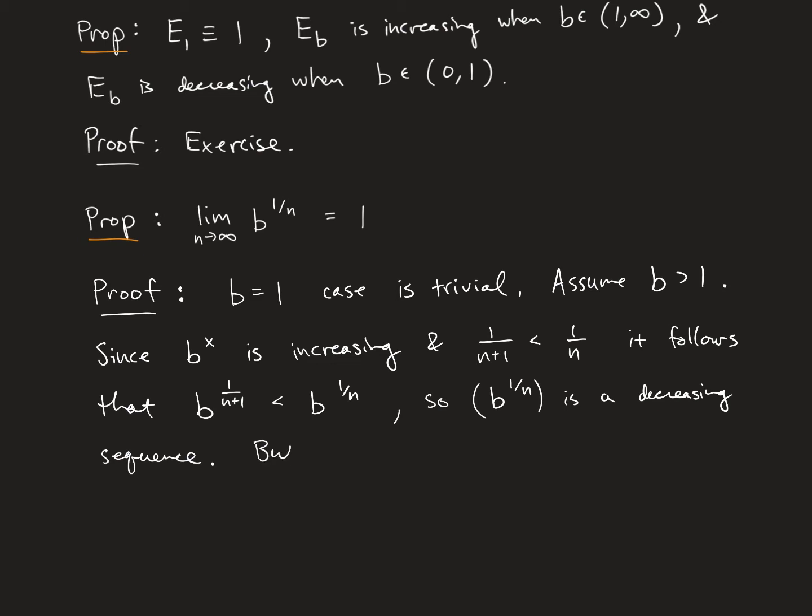But since b is greater than 1, b to the 1 over n is greater than 1 for any n. So we have a bounded decreasing sequence.